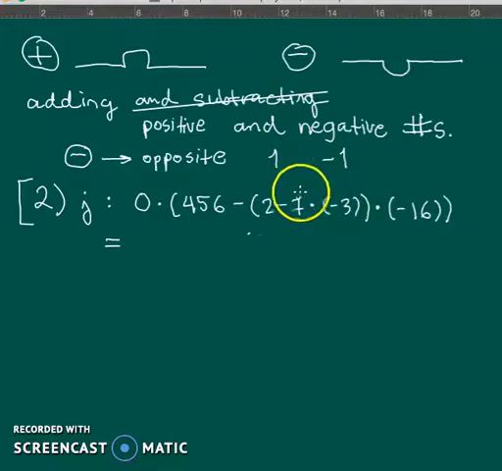So we know that we have to operate on the 7 times negative 3 before we subtract that from 2. So let's start with that and see what we get for the next line. I'm just going to rewrite everything at this point until I get to the part that I'm going to be solving.